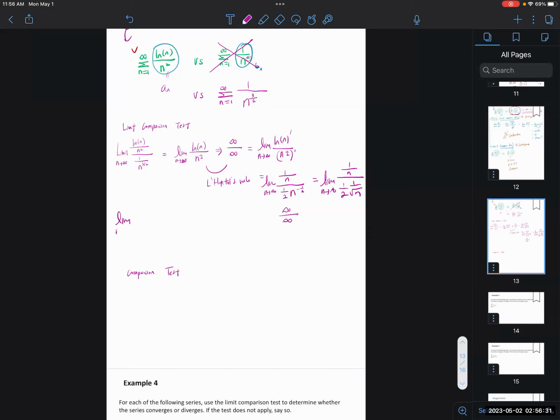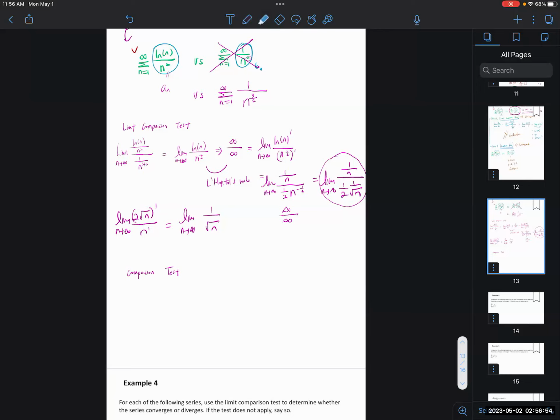I just simplify this fraction. Anyway, you will get the limit of 1 over radical n. I already calculated it, that's why I already know what's happening.